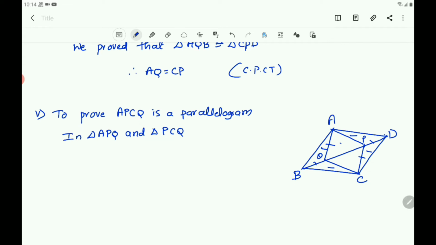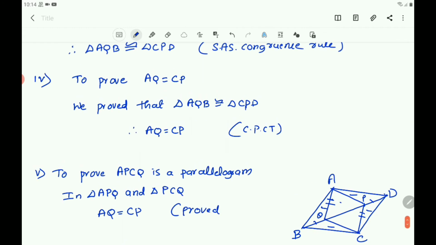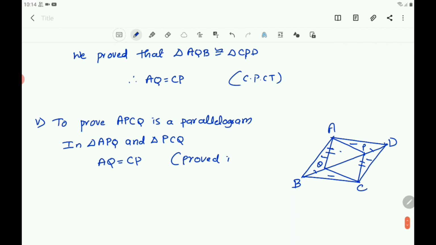So you write the first one: AQ equals CP. That is proved. Where did you get it? From the fourth one, proved in 4. And also AP equals CQ.